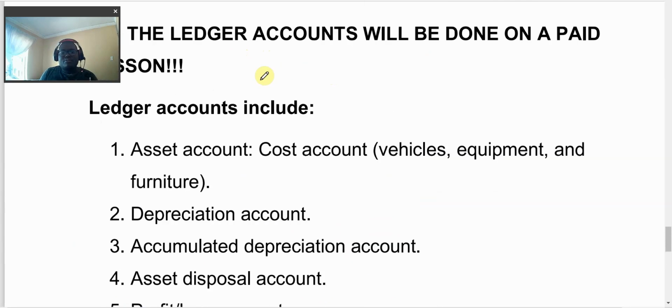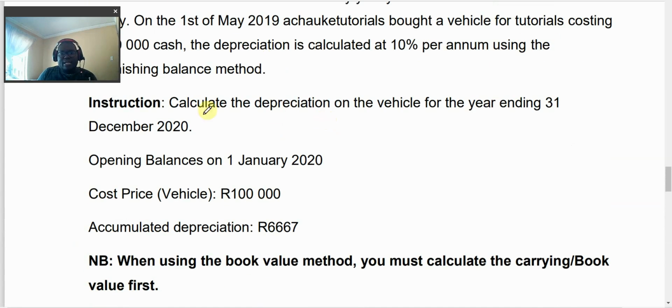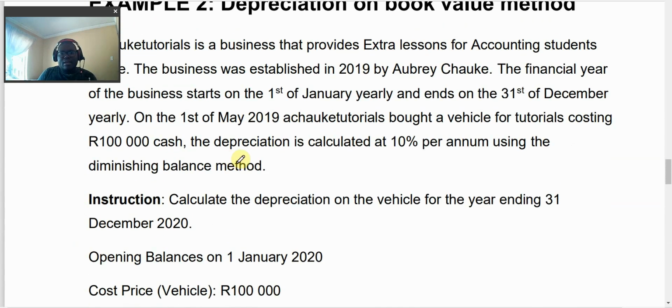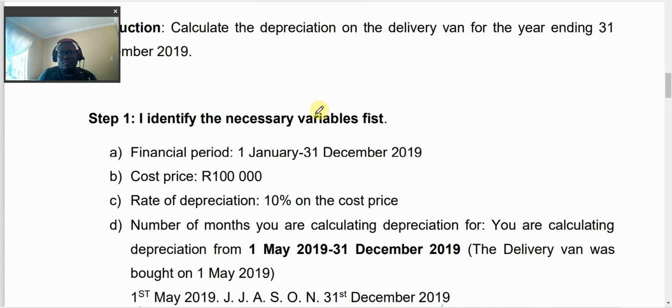Remember, in terms of the steps, the first thing we said we need is that you must identify the cost price. We also spoke about the financial period. At the bottom I showed you that the financial period is from 1 January to 31 December 2019.